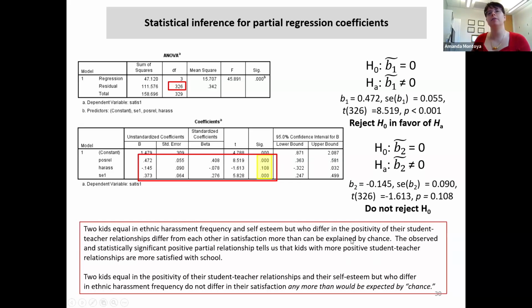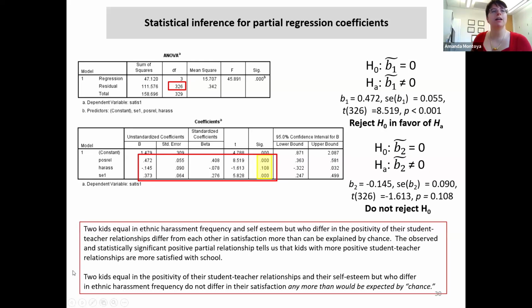So the idea of more than can be explained by chance is derived from this idea of just sampling from a population where the null hypothesis is true. So this seems very unlikely, even in the case when we're doing that kind of sampling. So then we might say that the observed and statistically significant positive partial relationship tells us that kids with more positive student-teacher relationships are more satisfied with school.